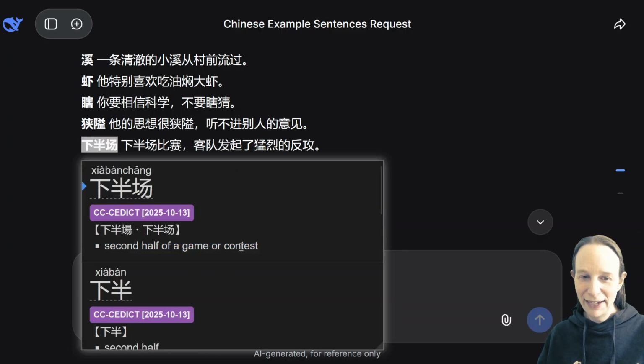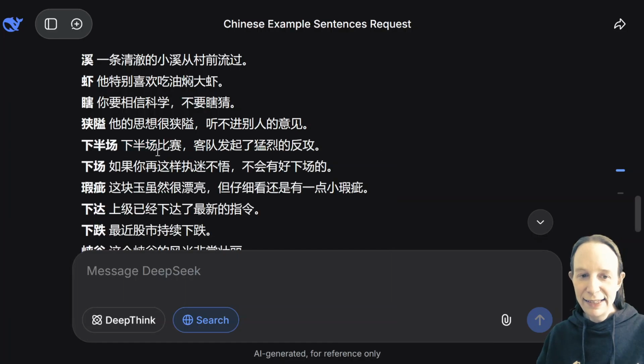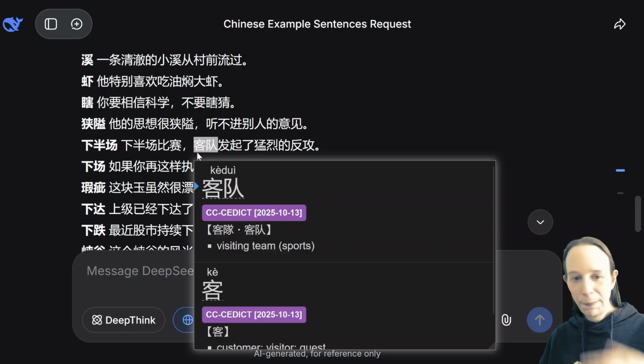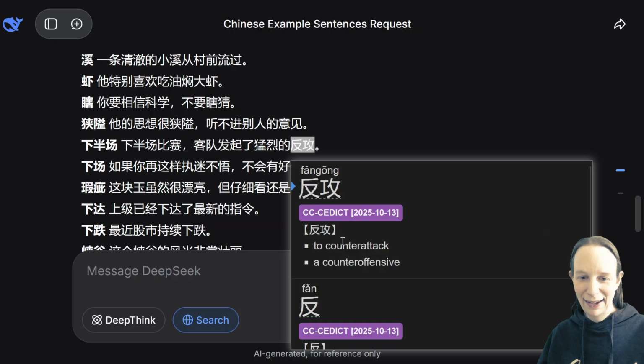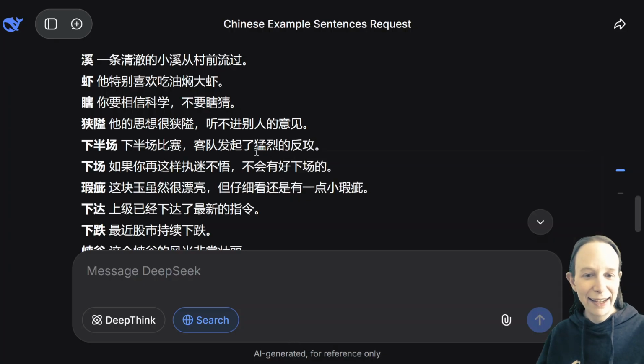Second half of a game or contest. 下半场比赛，客队，what is 客队的队伍？Oh, visiting team. Oh, I did not know this one. 客队发起了猛烈的反攻。反攻 is like return fire or counterattack. Yeah, counter.